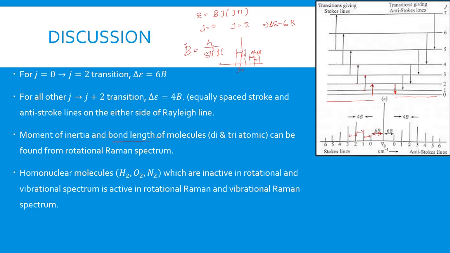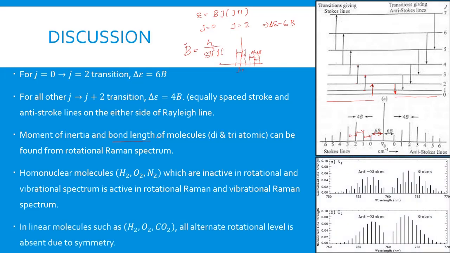Therefore, we can get characteristic lines for homonuclear molecules using rotational Raman spectra, and this will help us identify the structure of homonuclear molecules also. It will also help us identify how these molecules are arranged, whether they are linear or bent, or what the structure of those molecules is.